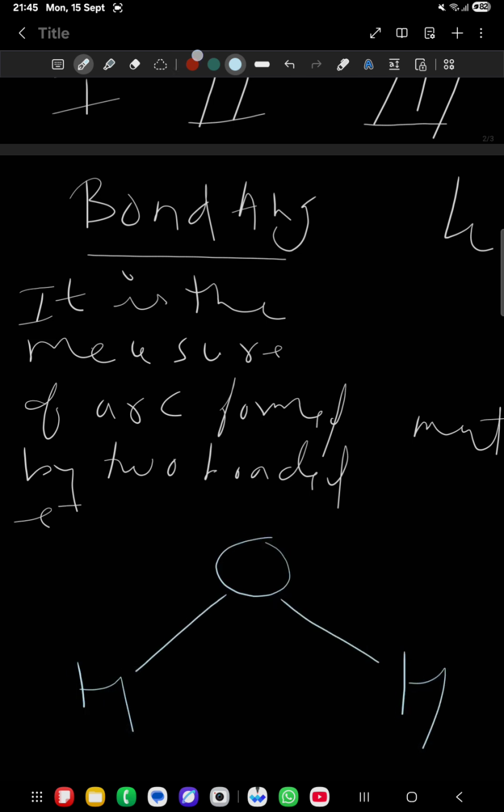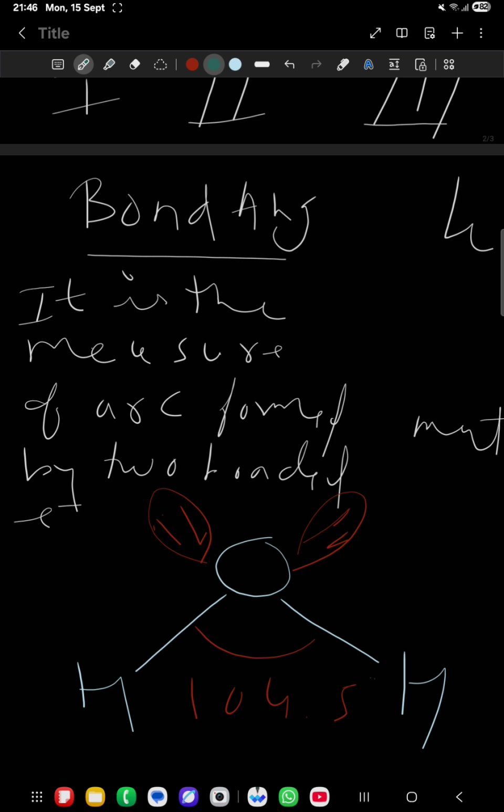Actually they have two lone pairs of electrons with them, and because of these two lone pairs, it forms a 104.5 degree angle between them, and this measurement is called the bond angle.